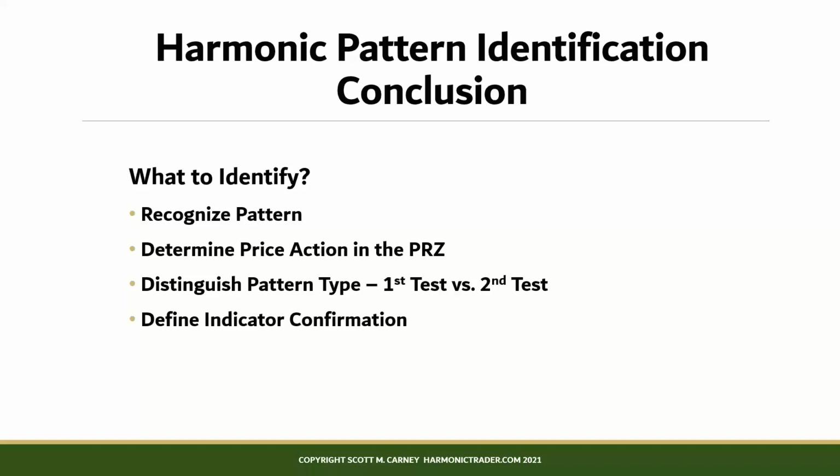And then tomorrow, if we have a pattern, we are at an overbought, oversold extreme, then we can take the next couple of steps. Is it going to react? Is it going to reverse? And then we're going to go from there in terms of what we need to see to determine the overall indicator confirmation and actionable opportunity.